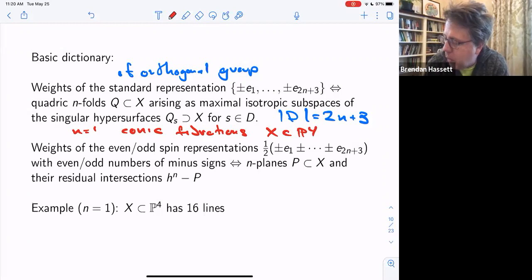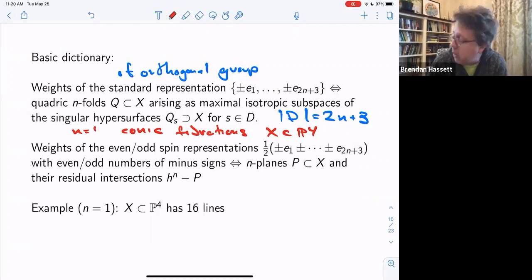The weights of the spin representation correspond to either n-planes or their residual intersections, which are kind of like twisted cubics or Segre threefolds, or what you get when you intersect a plane by an appropriate linear subspace, so as to get something residual of the same dimension. These correspond to the weights of the spin representation.